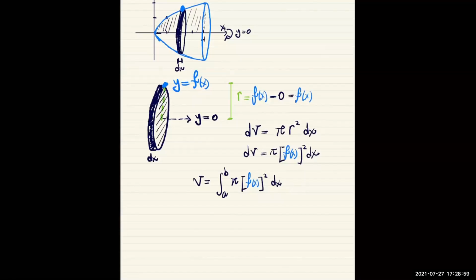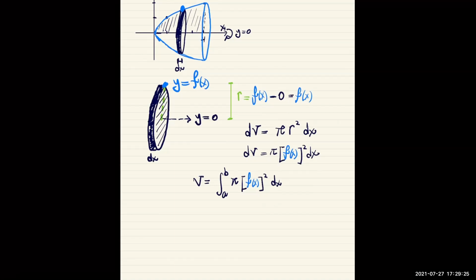Now, a lot of people memorize the formulas. I don't want you to memorize things. I want you to derive them. Please do not memorize this formula. It's good to understand it, but when it comes to applications, I want you to derive the formula on your own.